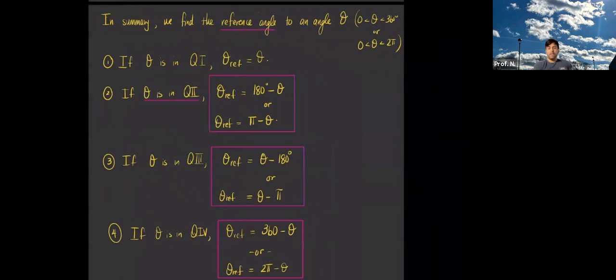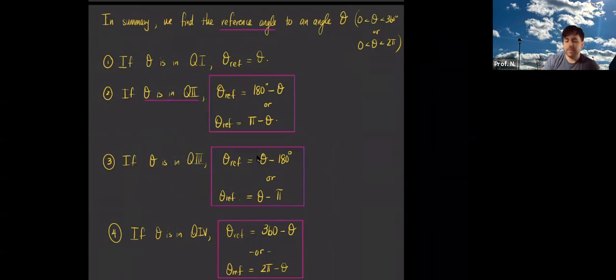Okay, so this is all we should really need for finding reference angle in a nutshell. Find what quadrant you're in, and based upon that, you make the corresponding appropriate operation to find the reference angle.